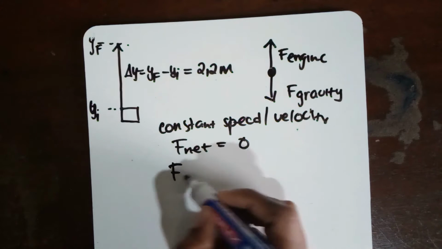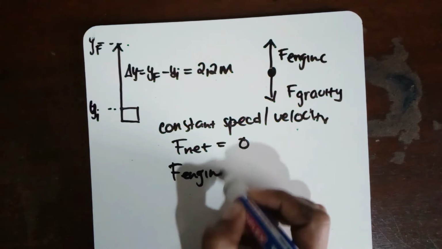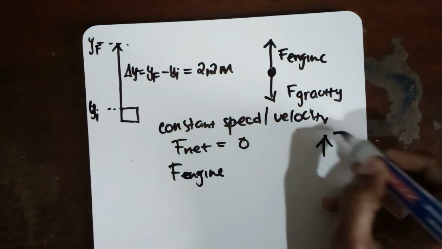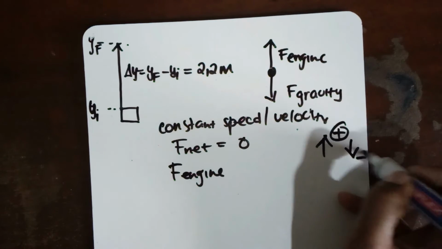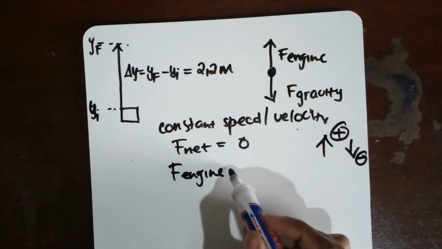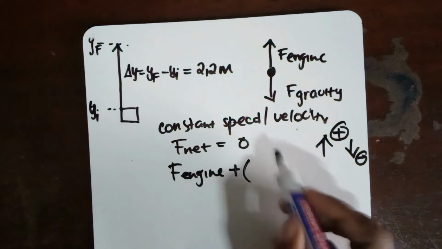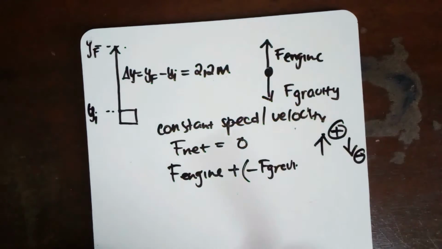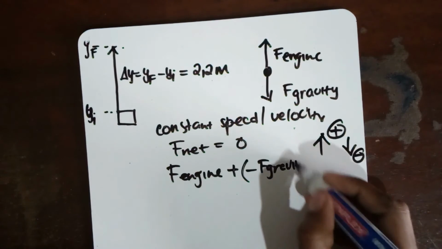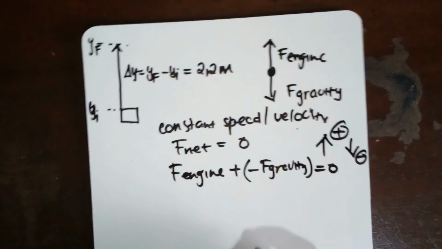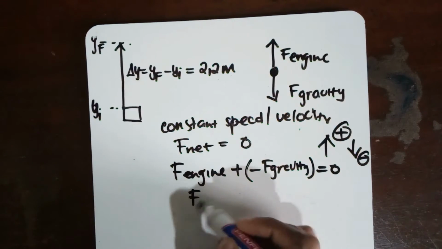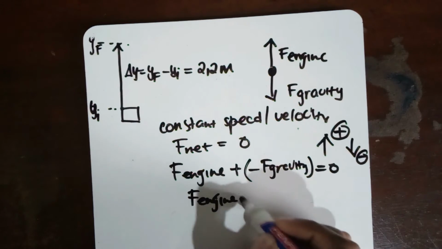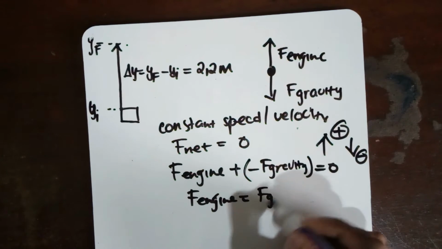Let us say up is positive and down is negative. So we have F engine minus F gravity, or weight, equals 0. So I can just write this as F engine will then be equal to F gravity.